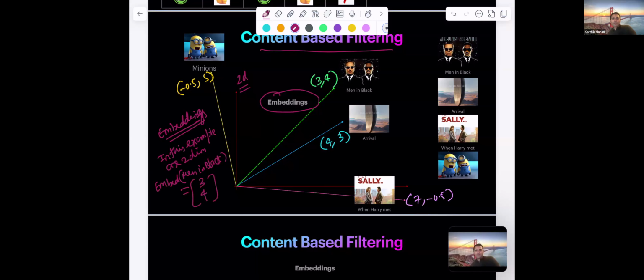Okay, so 3, 4 is our current representation or understanding of where Men in Black falls. So 3, 4 in and of itself may not actually convey a lot of meaning. But if you look at the relationship here, do you see a pattern to how these movies are getting stacked in this figure? Can anyone share what you're observing?